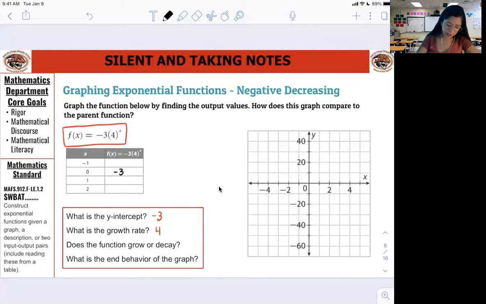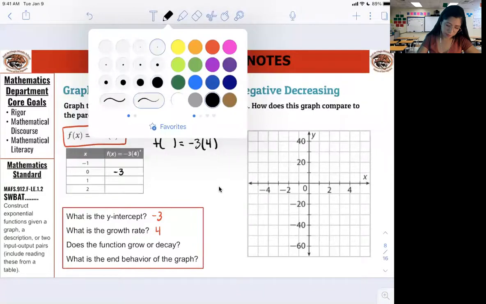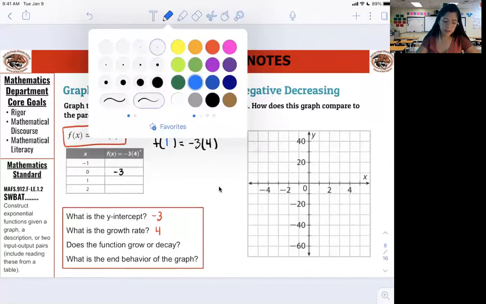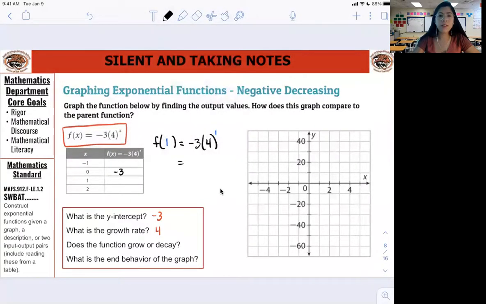So my y-intercept is -3. And same as before, we're just going to start plugging things in. So to the power of 1, what do I get here? -12. Yeah, -12, because I've got -3 times 4, which gives me -12.